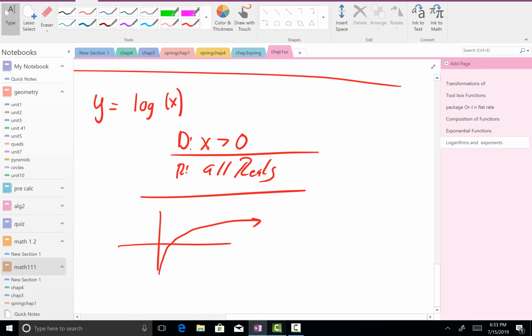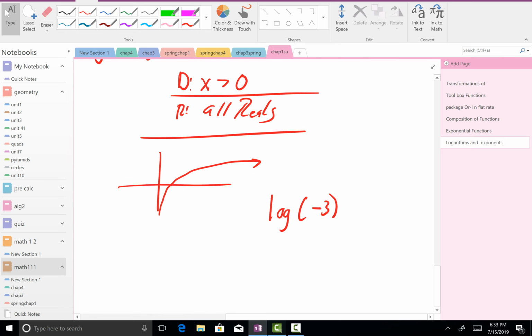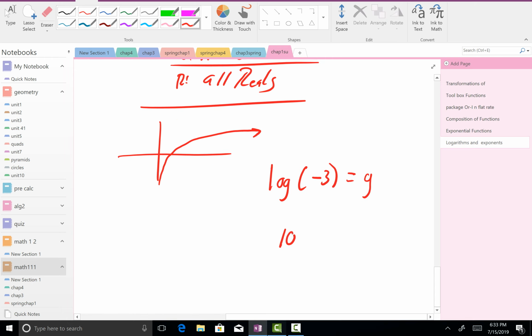So in case you're wondering, why is it that we can't take the log, say, of a negative number? Okay, why can't I do that? So let's look at this. Let's say this is 10. That's my base. 10 to the y is equal to -3.